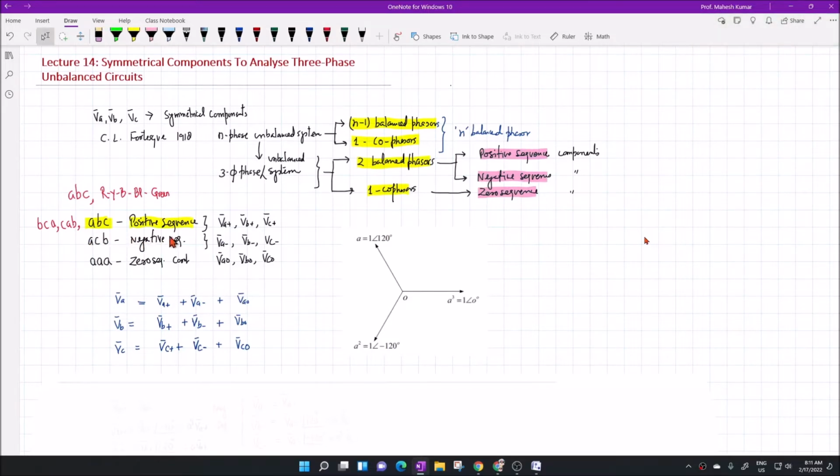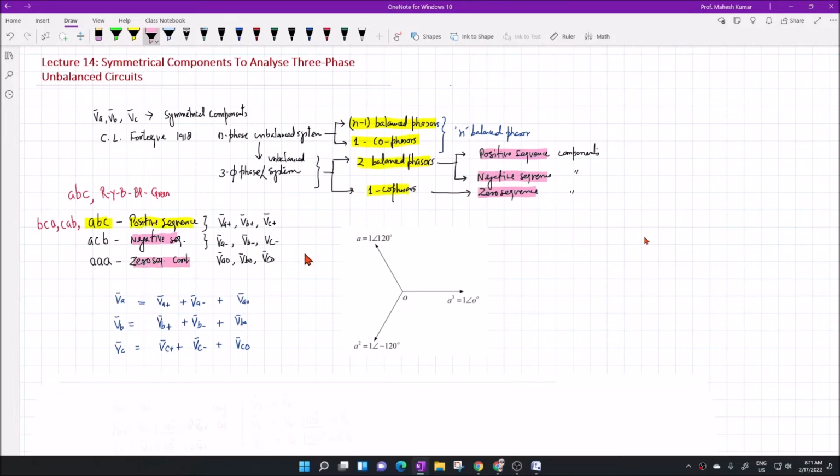But there is a negative sequence, where the sequence is changed. It becomes ACB or it becomes CBA. Any version of this is called basically negative sequence. And for zero sequence, we denote either AAA or BBB or CCC or 000 because they are co-phasors, the direction is same. So we have positive sequence, negative sequence and zero sequence.